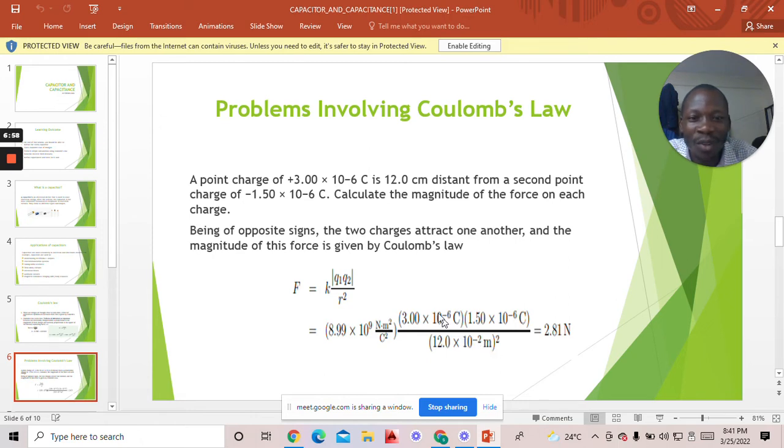We've dropped the negative sign on Q2 because we already know the force is attractive. What we are busy with here is the magnitude, which is always positive. And if we do this, we get 2.81 Newton.